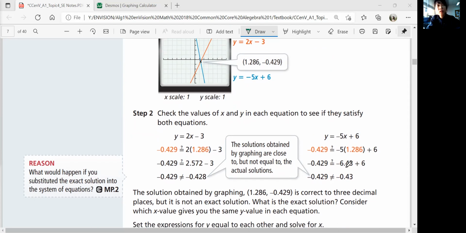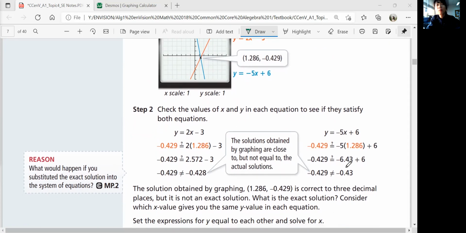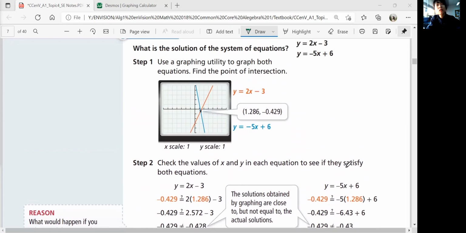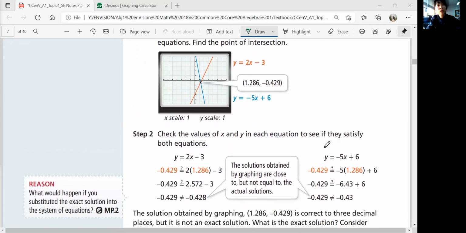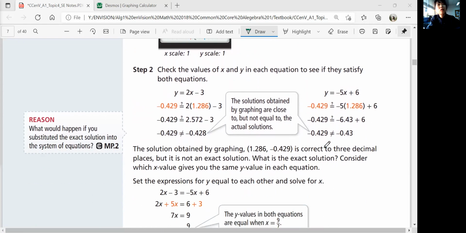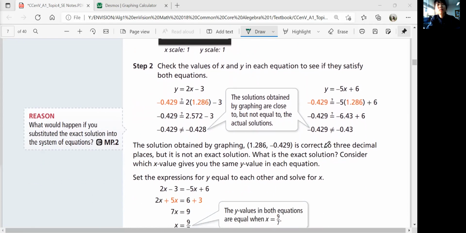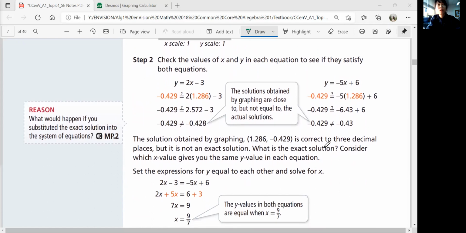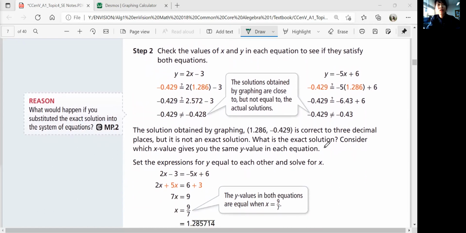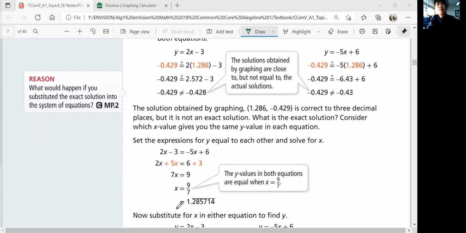Right, the solutions by graphing are close to, but not exactly equal to, the actual solutions, because they're rounded and not exact. So they're correct to some decimal places, but they're not exact solutions. Well, how do you get the exact solutions? You need to solve it algebraically, okay?